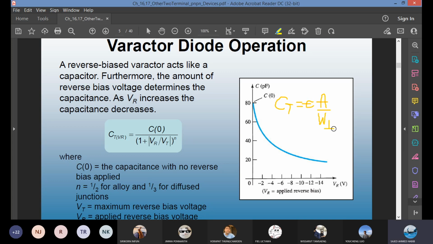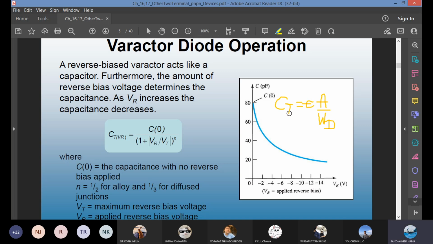Epsilon is permittivity. If you see epsilon 0, it's the permittivity of free space. It's how much electric field can be built up. A is the area of the PN junction. W_D is the depletion width. So when you apply larger reverse voltage, W_D is increasing. When W_D is increasing, since it's in the denominator, the capacitance at that junction will decrease.